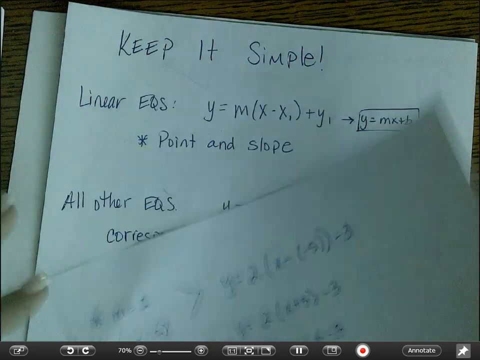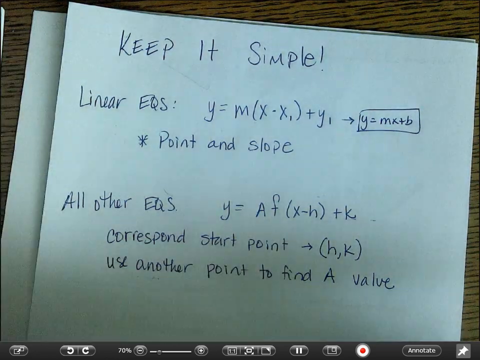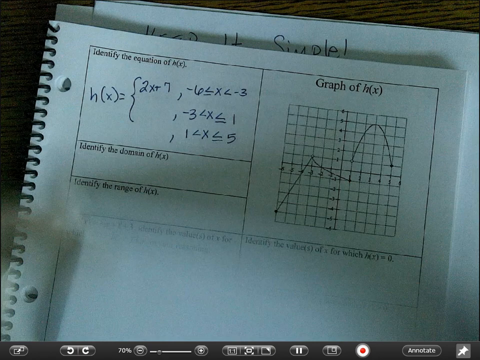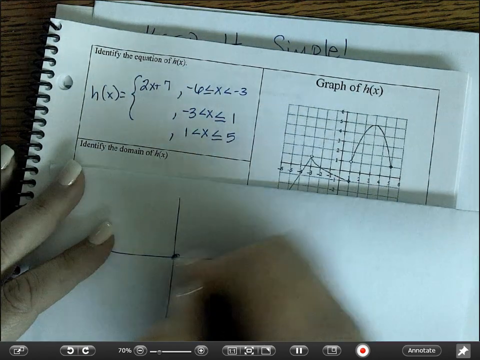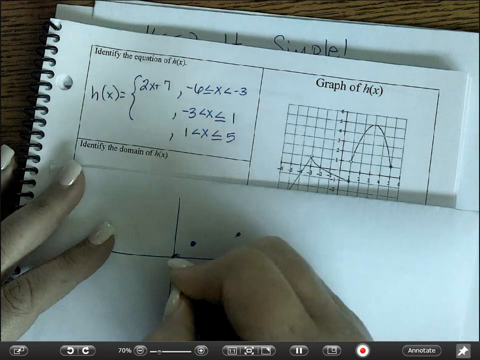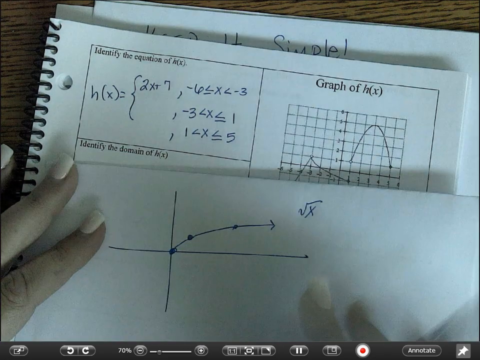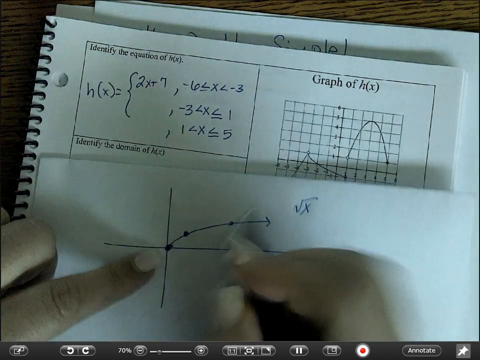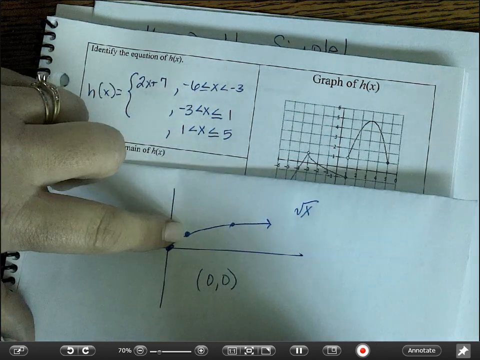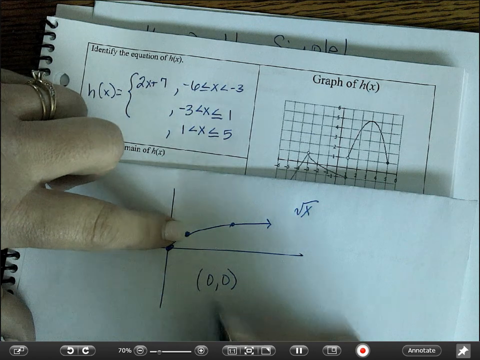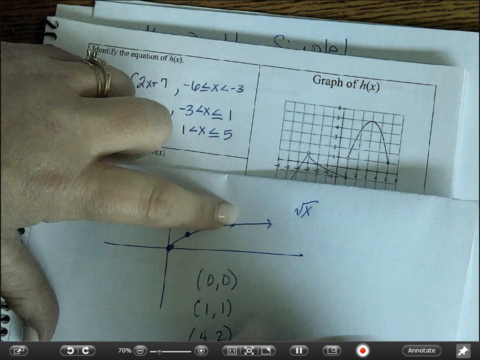Now, let's take a look and understand what's going on in this radical equation. First, we need to understand our parent of root x. You will notice that the parent starts at 0, 0, and the next point is very close to it, and that is the point 1, 1. And then the points get farther away.